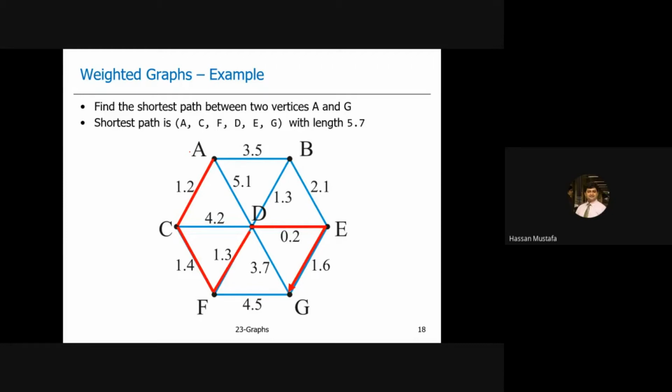It looks a little longer, but the cost that we have actually incurred is smaller, taking the smallest possible edges on the way to the node G. So this is an application of the shortest path that we can get using our graph. There are many applications of finding the shortest path when we represent our model using a graph. Maybe we can discuss them in a later lecture.